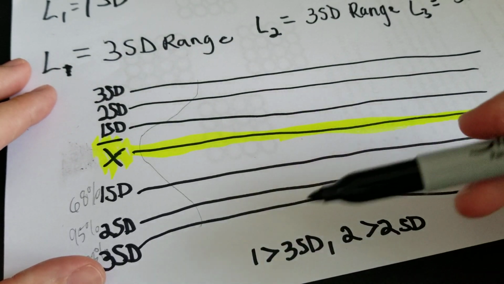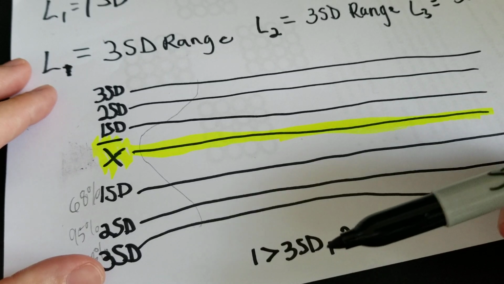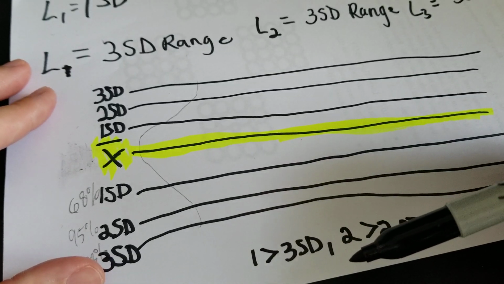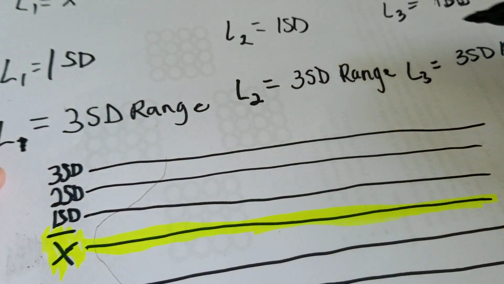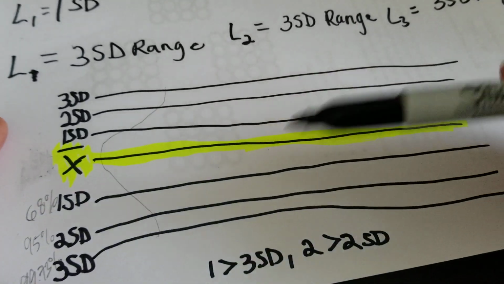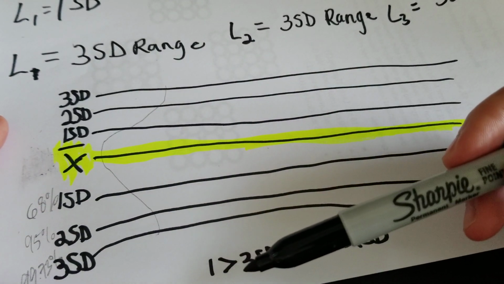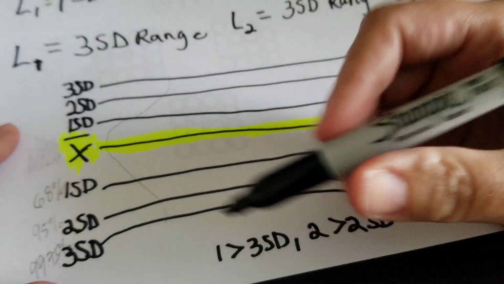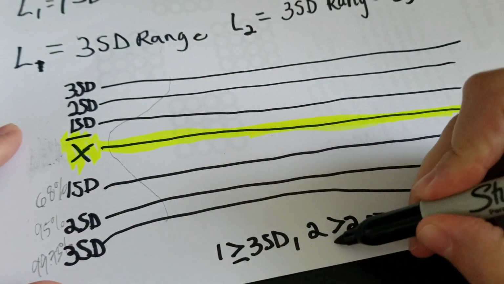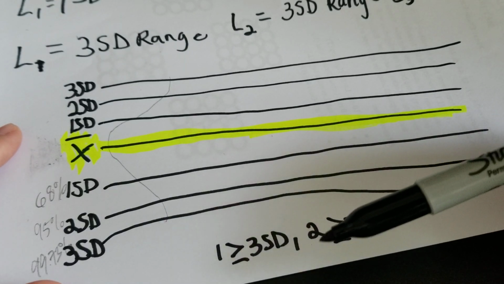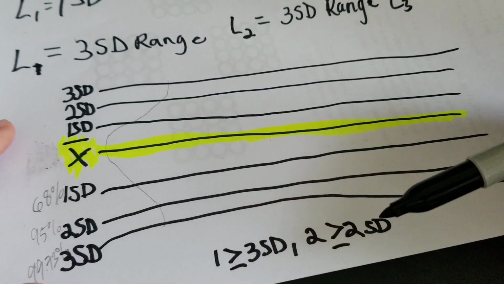Okay, and what that means is I'm okay to accept the QC if within all 3 put together, all 3 levels, there is only one that is greater than or equal to 3 SD, and or there are 2 greater than or equal to 2 SD.